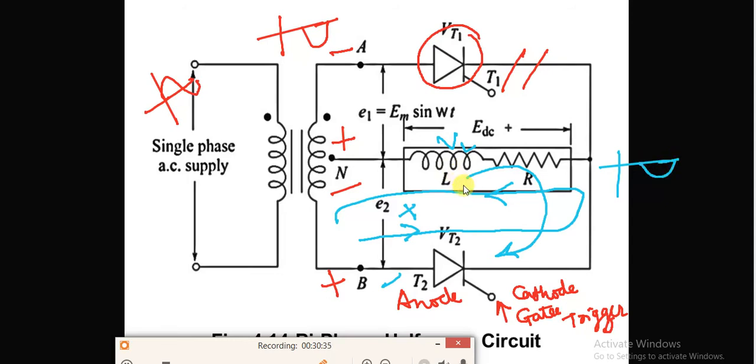For this negative voltage, if this is the input, we will obtain voltage like this, and again the half waving. So this is because of the inductor, and this voltage is because of this forward bias of the SCR.